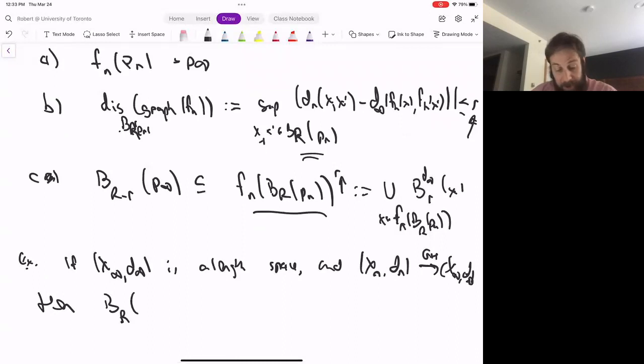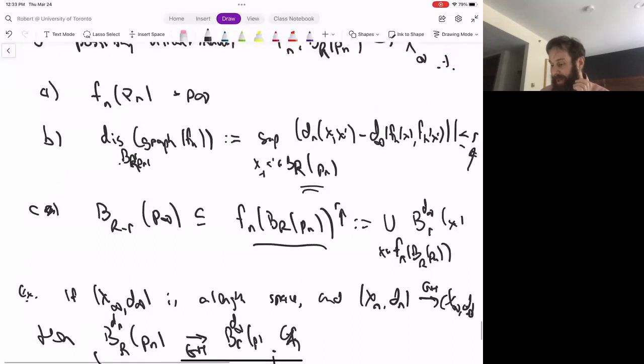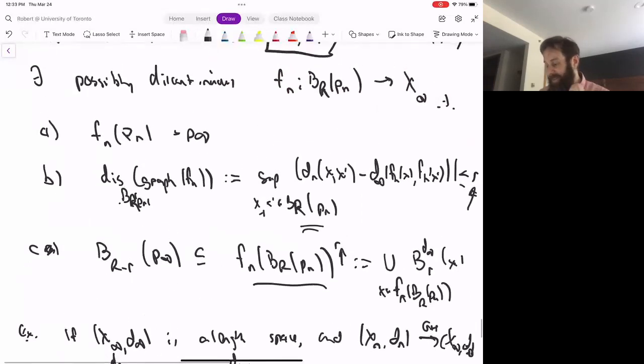So the B_R(p_n) Gromov-Hausdorff converge, now these would be in distance d_n, and this would be in distance d_infinity. Right. So somehow this is implicitly what you want, but if you want to allow non-length spaces, then you need to deal with this slightly more general thing.